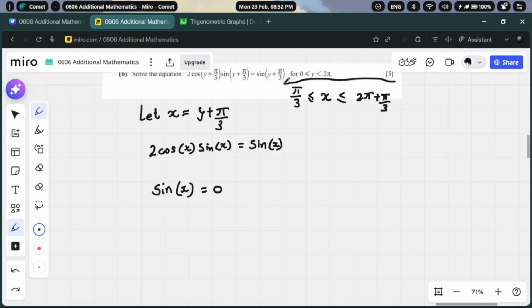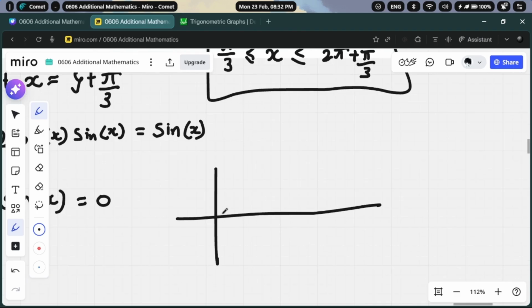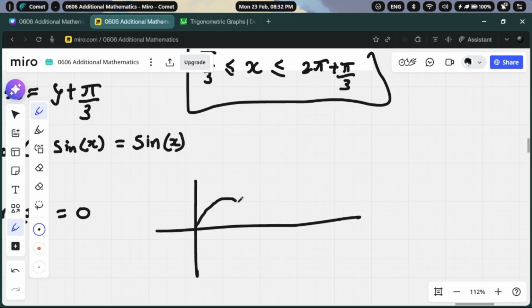Now you have to try making a graph for this given domain. So first of all, let's make a normal sine x graph, right? Now pi over 3 is basically 180 over 3, which is going to be 60 degrees.